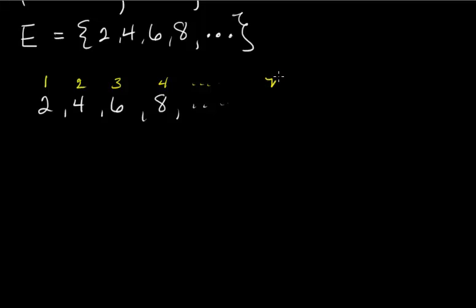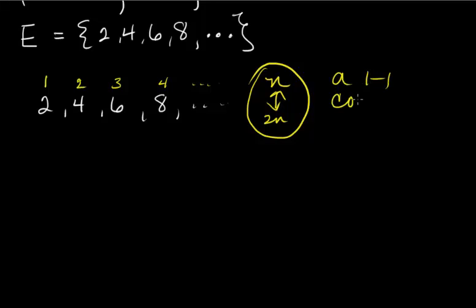Pairing my natural number n with, well, let's see, 8 is 2 times 4, with 2n. So this correspondence here, n matching with 2n, is a one-to-one correspondence.